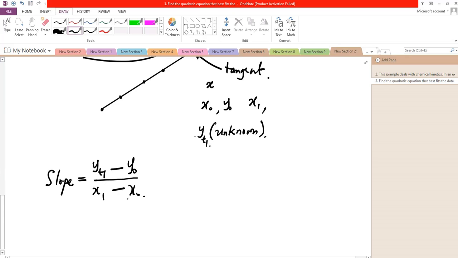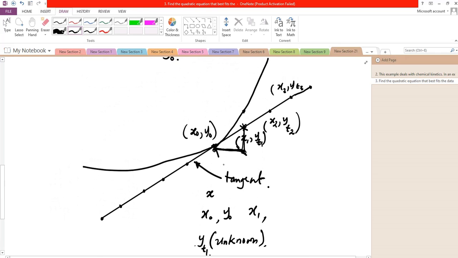Now, assuming the difference between x1 minus x0 is h, meaning that from here, let's say it has a constant difference for this case.